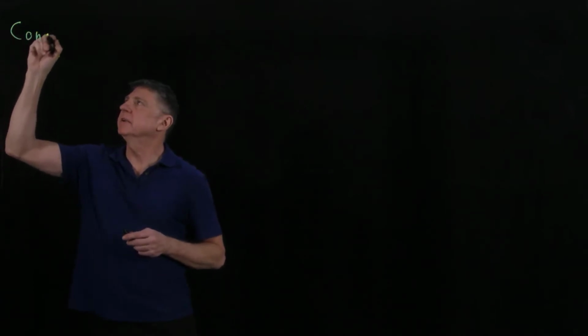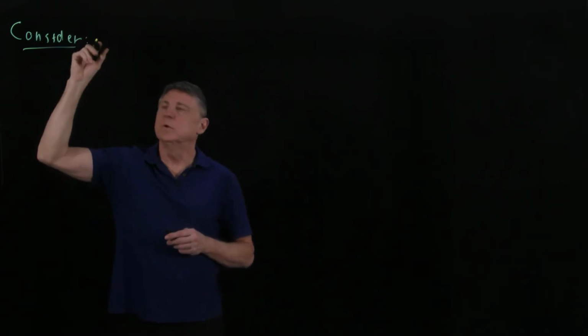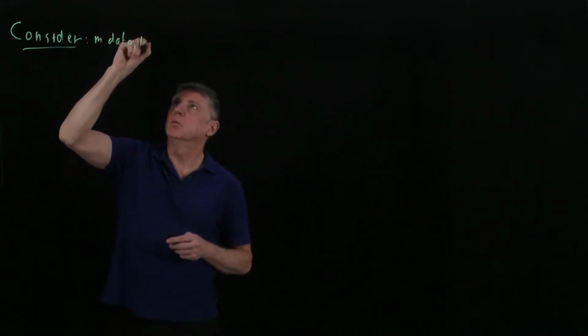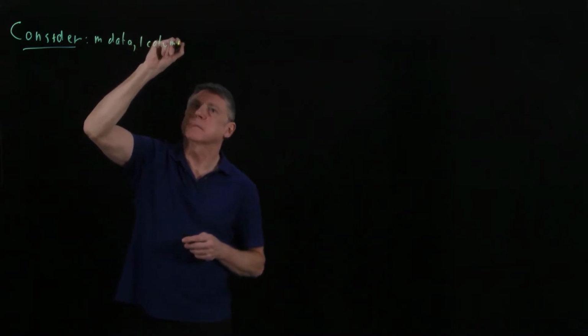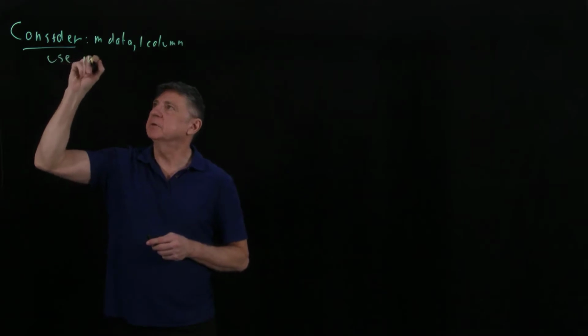Welcome. In this session in linear data analysis, we'll explore how standardization of data works with linear regression. So let's consider a simple set of data. Let's consider we'll have M data in one column, and we'll use an intercept term.